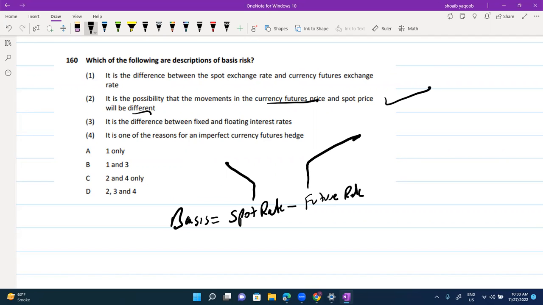Because of basis risk, in futures, the hedge will not be perfect. The hedge will be imperfect. That is the reason. Remember these two points. Okay?